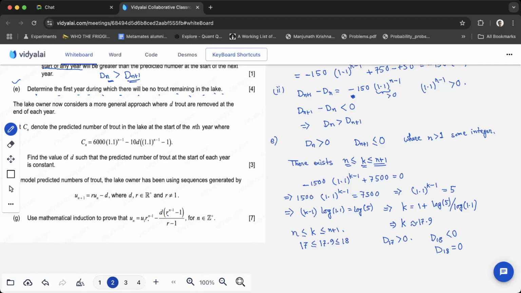So you just take out all of them and the lake will have no trout fish left at all. So D18 would actually be 0. So the answer would be, determine the first year: at the 18th year, there will be no trout fish.